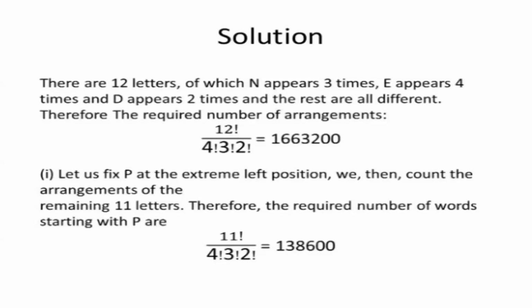We had how many? 4 of what? Independence. Four E's. And N appeared 3 times and D appeared 2 times. Because of those identical letters, you have to divide by 4 factorial, 3 factorial, 2 factorial, right?